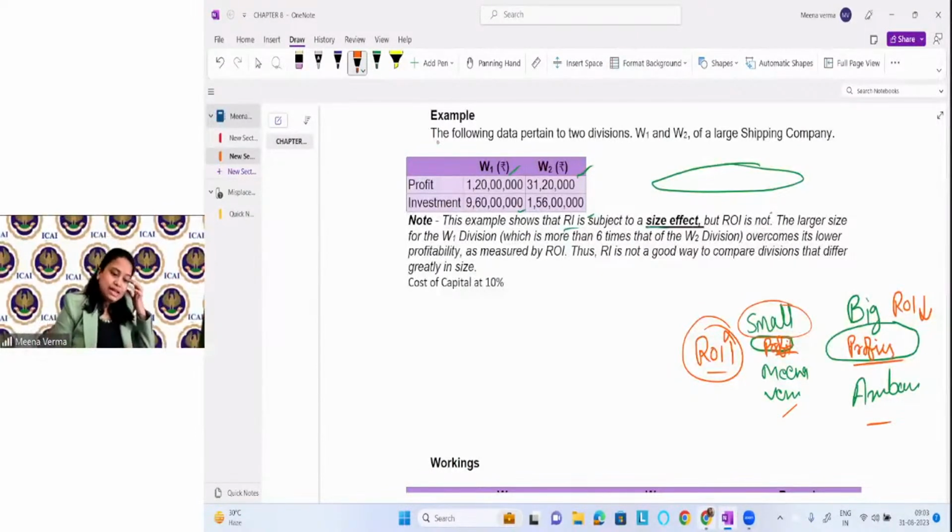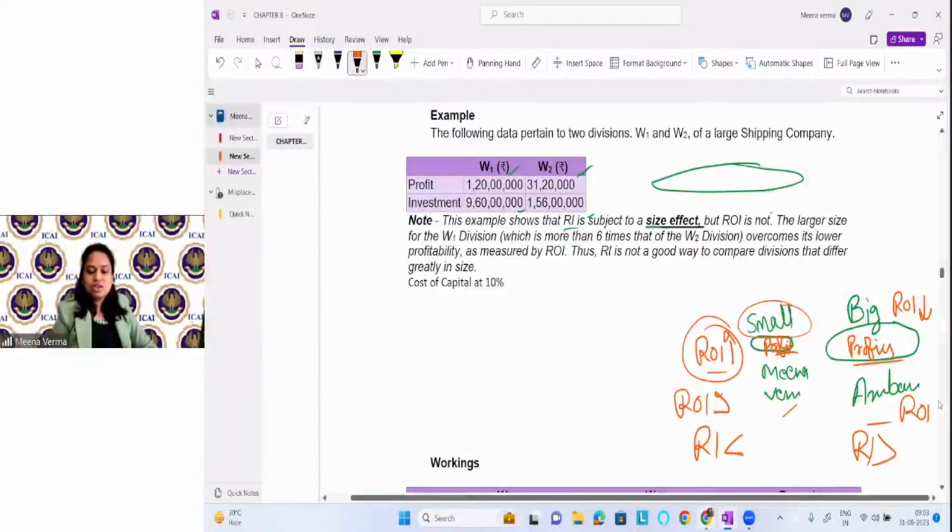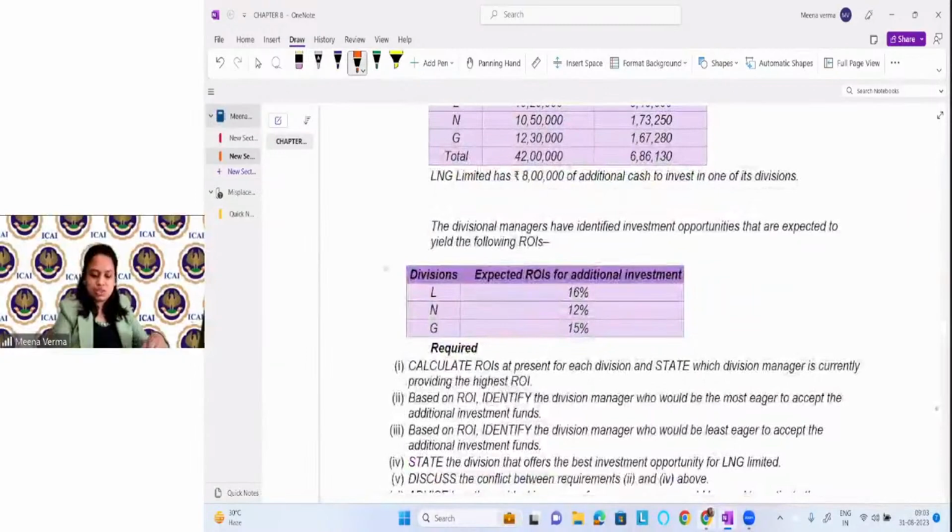So the point is that maybe the residual income is less for one business and high for the other business. And maybe the return on investment is high for this business and less for that business. This is also possible.